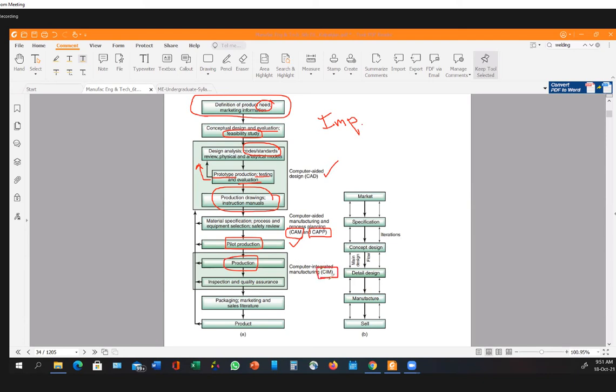This is called computer integrated manufacturing, CIM. Basically, nowadays, in most high-tech manufacturing, manual labor is very few. The machines are automated. I'm sure all of you have seen pictures of car industry where the cars are being welded by robotic arms. That is computer integrated manufacturing.